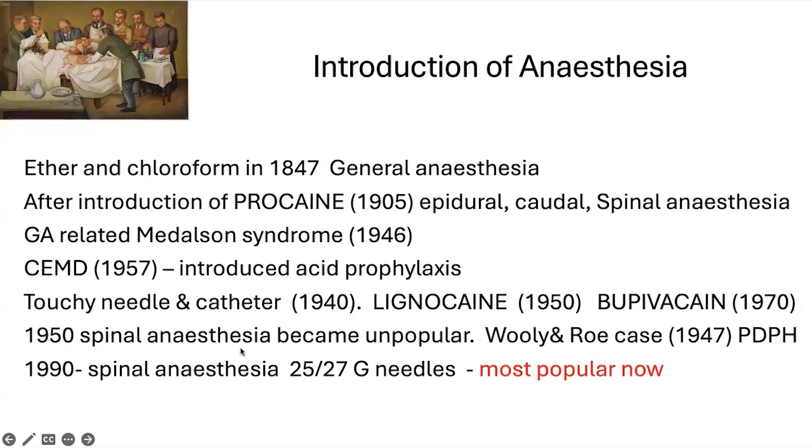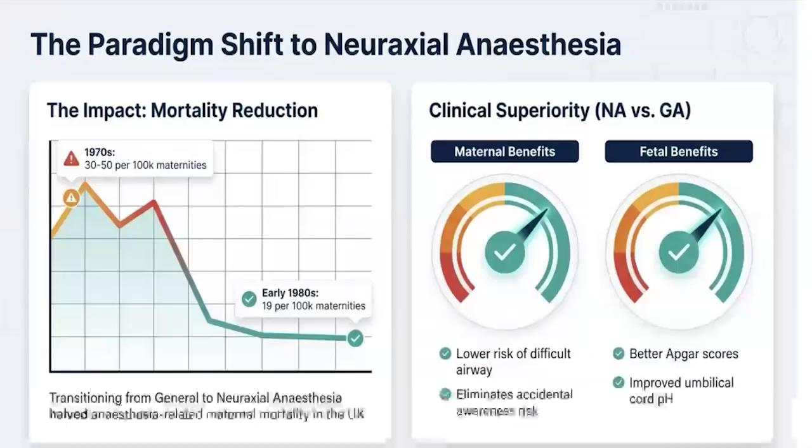There were also a lot of cases of post-dural puncture headache because very thick needles were used for spinals. In 1990, spinals came into practice again with 25 and 27 gauge needles, and until now it is the most popular mode of anesthesia for obstetric patients.